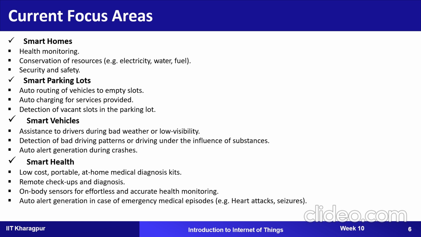These devices take the data of the person and send it to doctors sitting at a remote place, and these doctors can monitor the patient from their remote locations. Just by sending the data through your smart devices, the doctor can monitor the patients remotely.